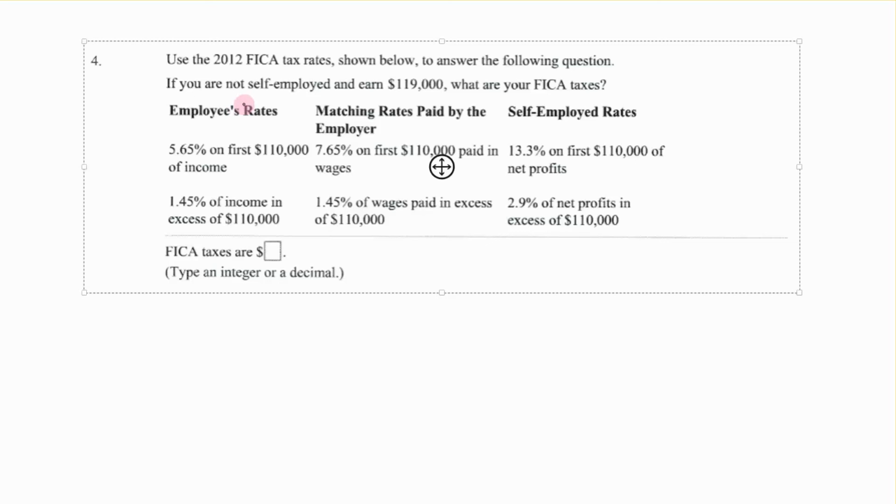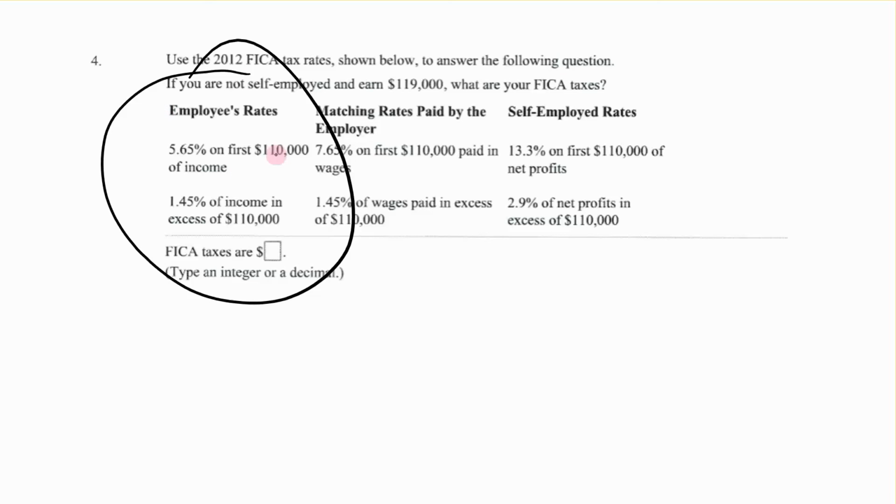Now, if you're self-employed, you do different things, but if you actually work for somebody, it's all right here, and the self-employed is over here. This once again is 2012. If you are not self-employed and earn this, what are your FICA taxes? So you are not self-employed. That means you're here.